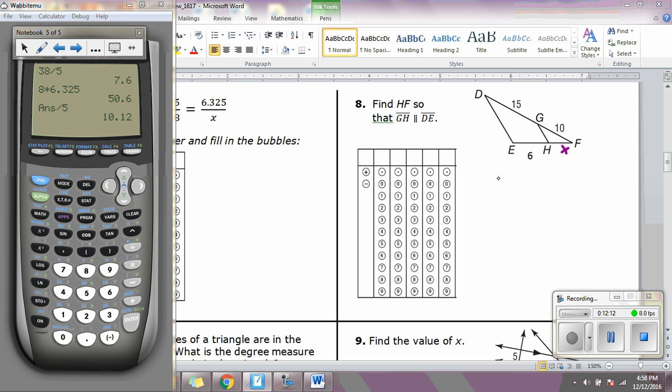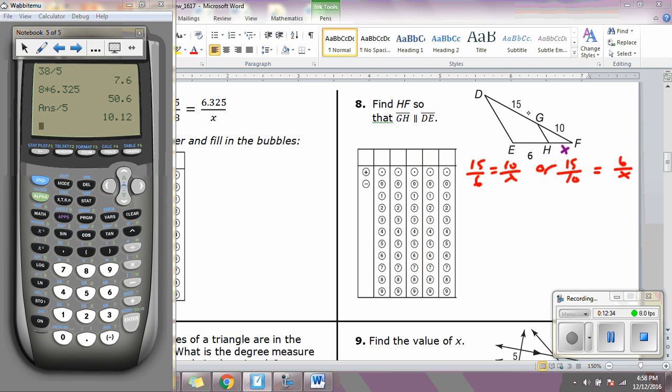So one way you could set up this proportion is take 15 over 6 is equal to 10 over x. Left over left, right over right, is kind of what I did. Or you can put 15 over 10 is equal to 6 over x.